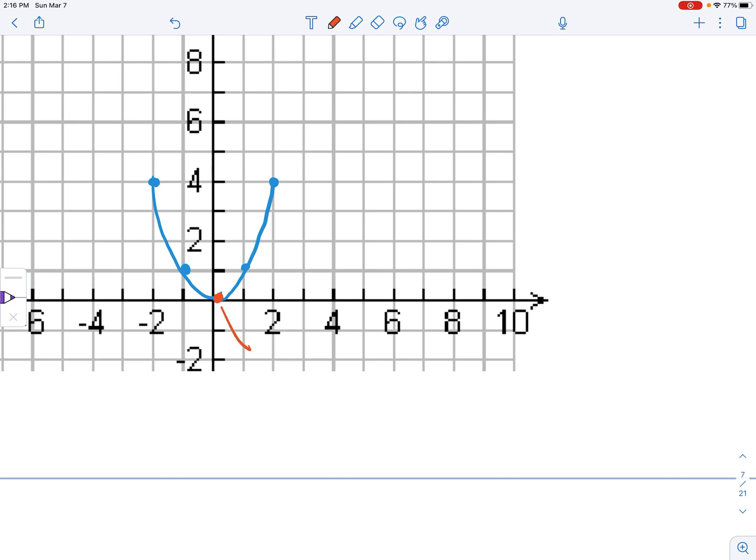Okay, let's talk relative extrema first. Again, we still have a relative min at 0, 0. And that point also, again, ends up being the absolute min.